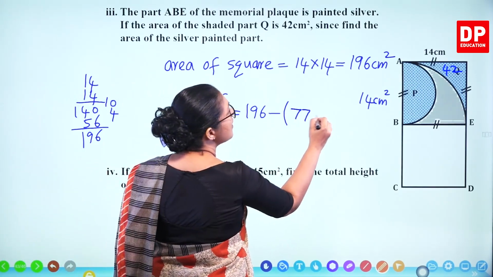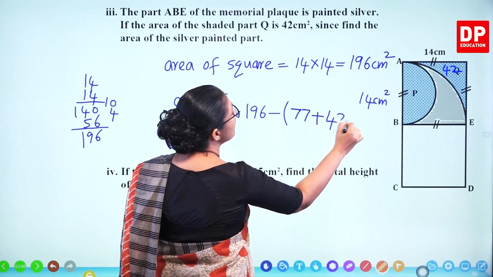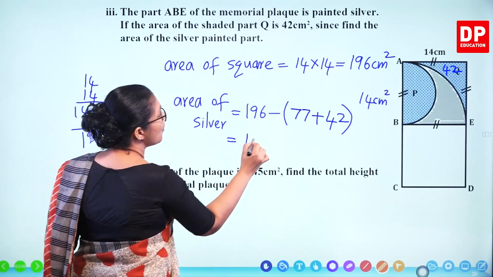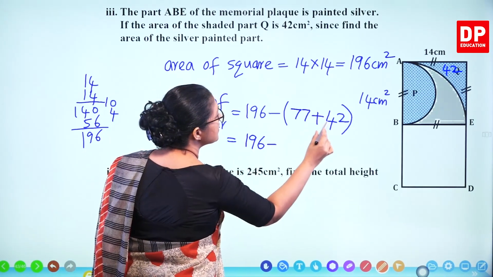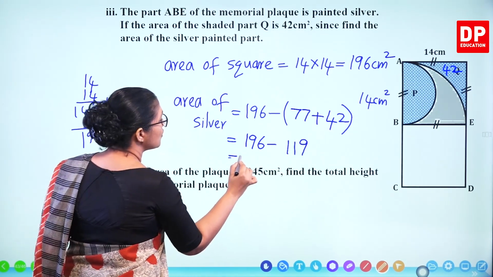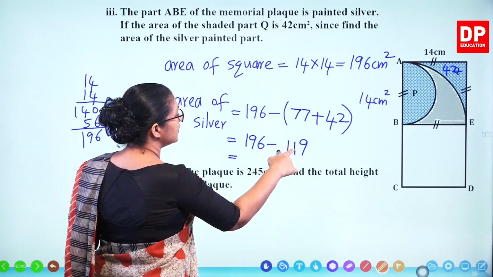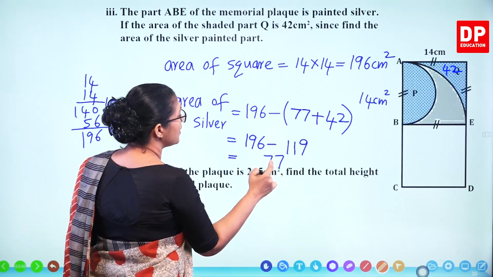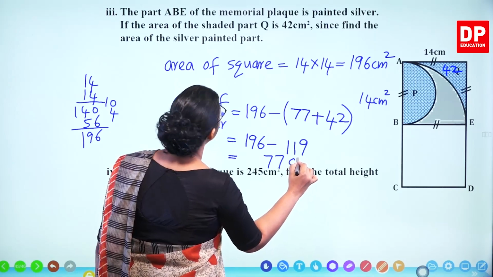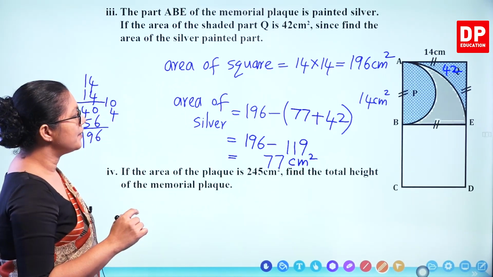So 77 and 42 given for the other one. So 196 minus 119. So what's the answer? 77. So 77 square centimeters is the silver part as well.